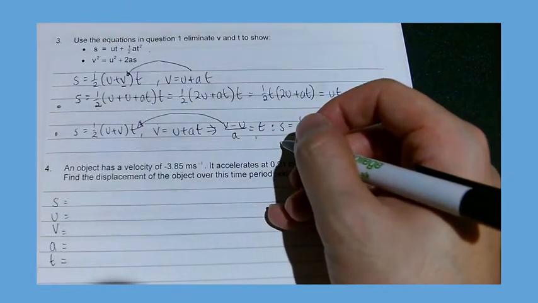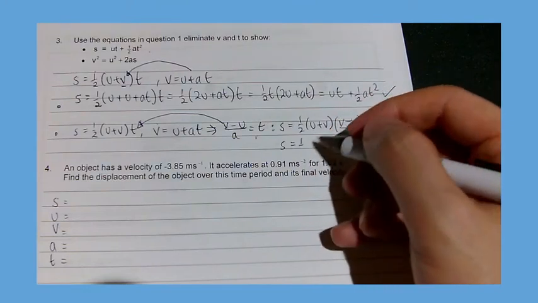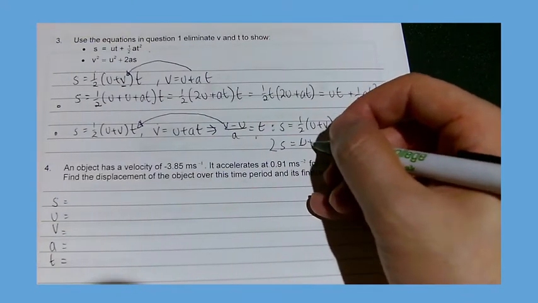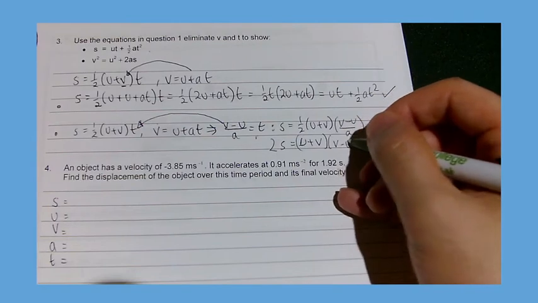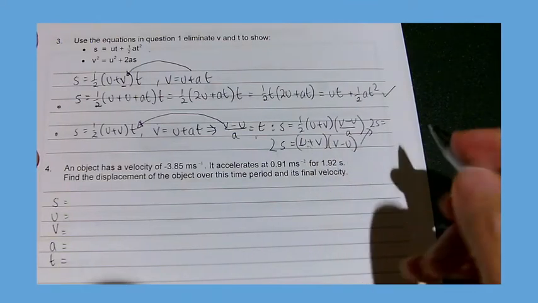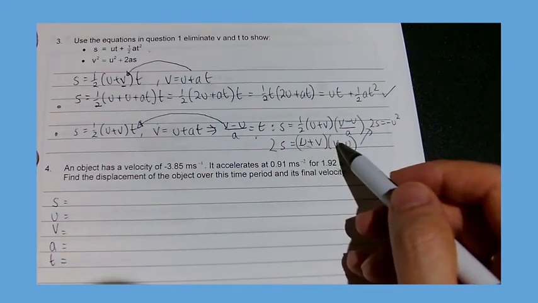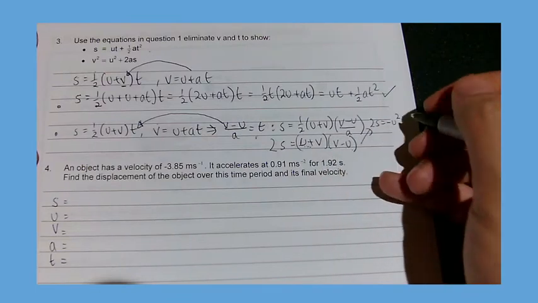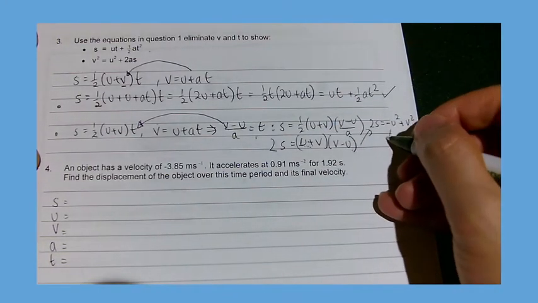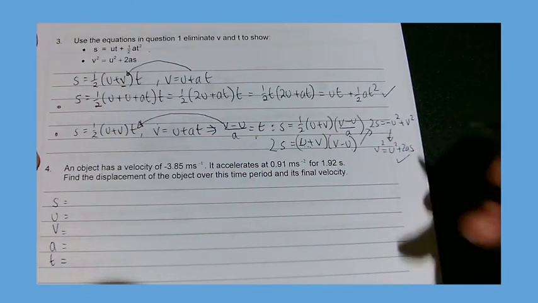First, I can multiply through by 2, so I'll get 2s, and I'll keep the brackets as they are, u plus v, v minus u, and then expand the brackets. I'll get 2s equals u minus u squared... and minus u squared plus uv plus v squared minus uv. So the uv's will cancel, and if you rearrange it a bit more to make v squared the subject, you'll get u squared plus 2as. So we managed to show that one as well.